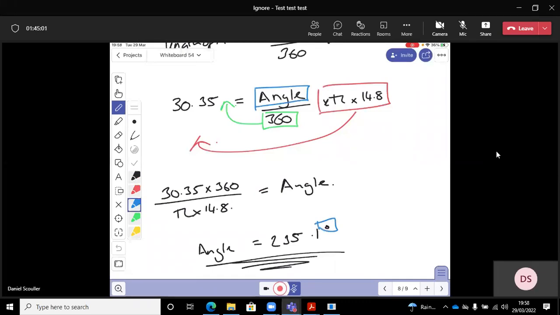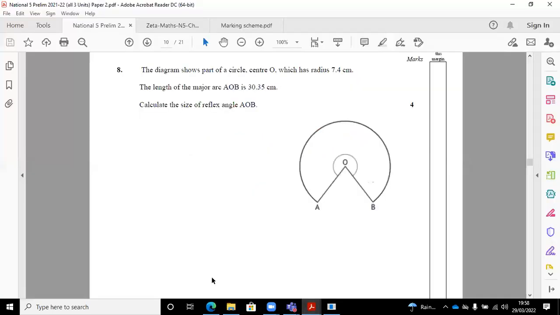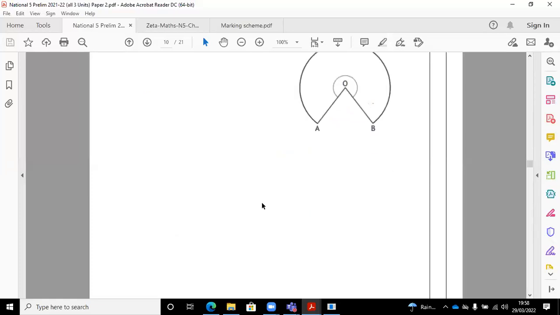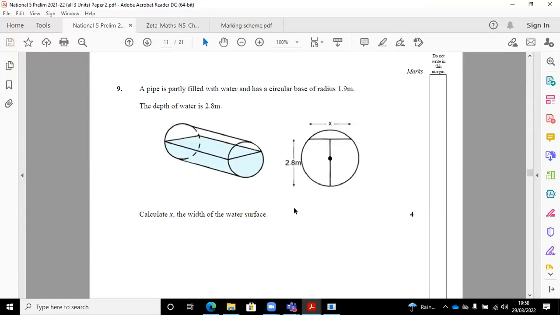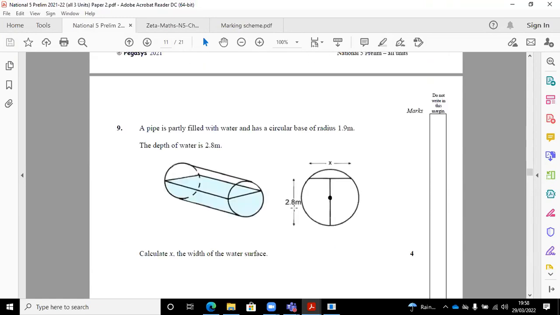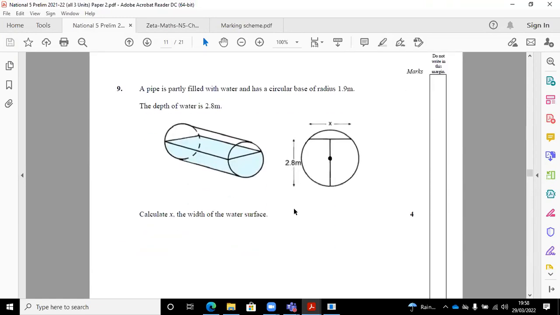Okie dokie. Right. Chords. I just couldn't think. This question, or variants of it, will be in it. Always in it.